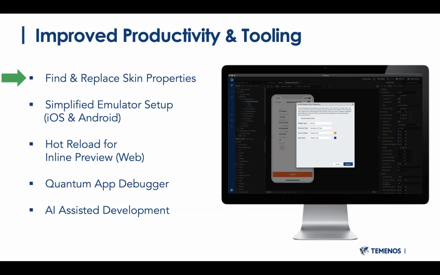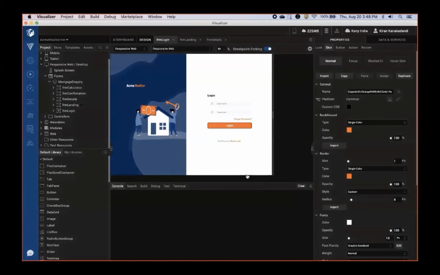This feature enables you to customize the properties of the skins, like the background colors, the background images, the borders, the fonts, all from a single location at the project level. And it provides a convenient and easy way for developers to reskin a base application based on their design and branding requirements. Right, so let's see a quick demo of how this works.